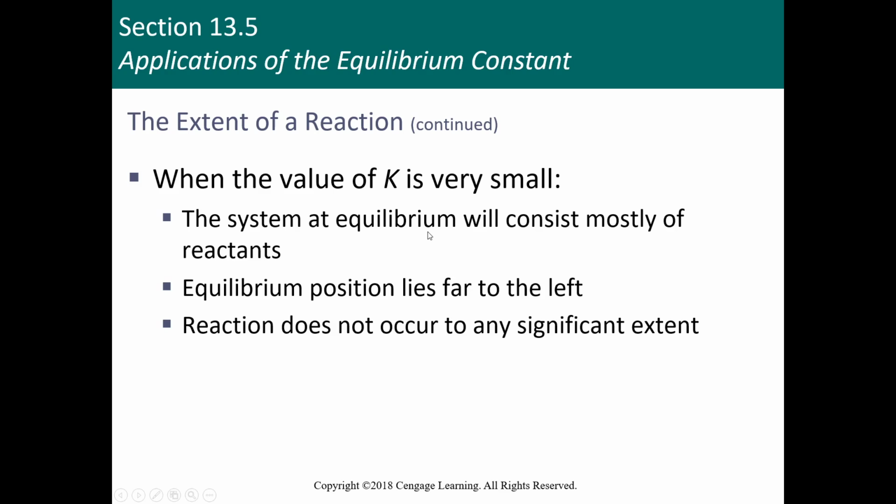The system at equilibrium will mostly consist of reactants. The equilibrium position will lie far to the left, which again means over towards the reactants, which are on the left. The reaction does not occur to any significant extent. If you were to put reactants together, they would stay reactants. Very little of them would become products.